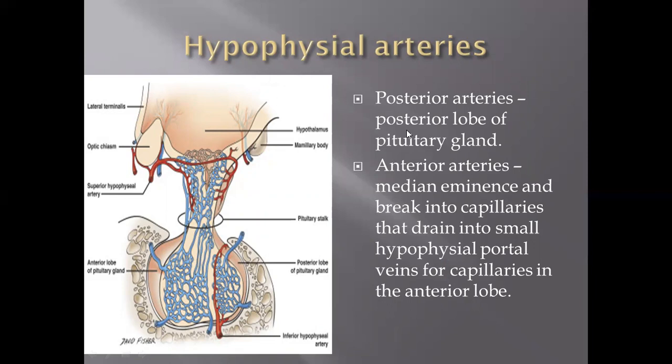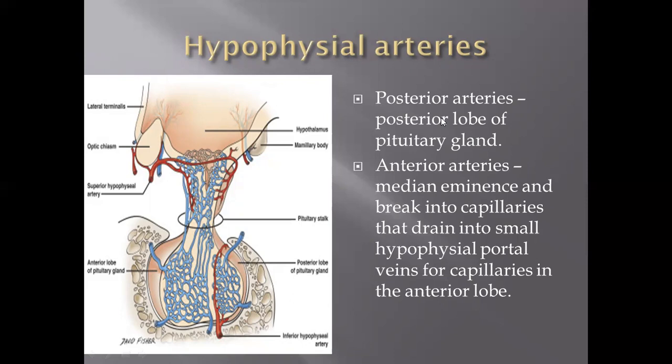And they're going to be stored in the region of the median eminence in structures known as Herring bodies. Then they're going to be released, not via these arteries, but through a neural pathway to the posterior lobe of the pituitary gland, which then secretes them. So it doesn't necessarily synthesize them, right?